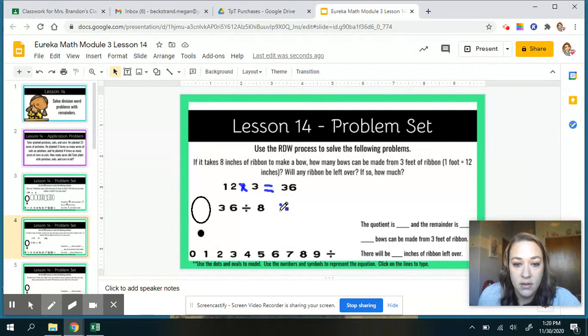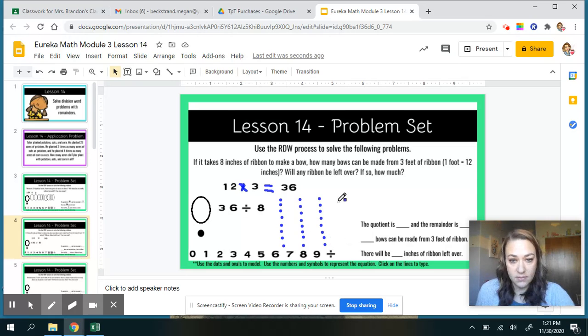So here's 1, 2, 3, 4, 5, 6, 7, 8, 9, 10, 11, 12, 13, 14, 15, 16. There's 2 groups, 17, 18, 19, 20, 21, 22, 23, 24.